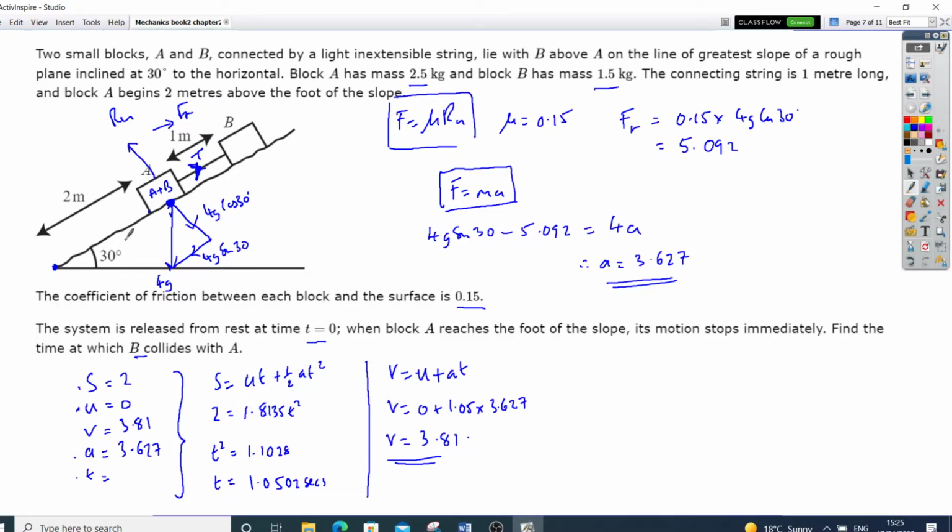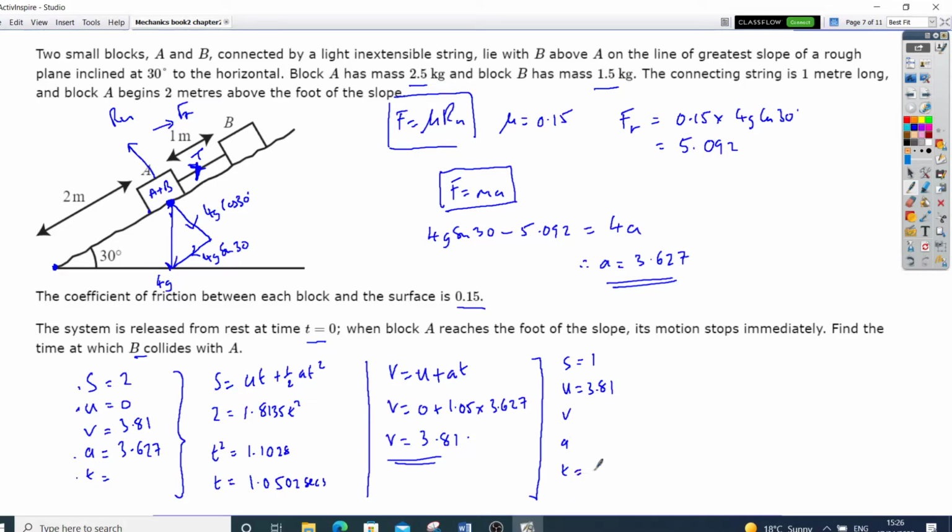So that's what it's going to be traveling at. B is going to be traveling at that speed. So let's put what information we've got. I want to now know, again, using u, v, a, t, the distance I want to travel is 1 meter. My initial speed at that point is 3.81.